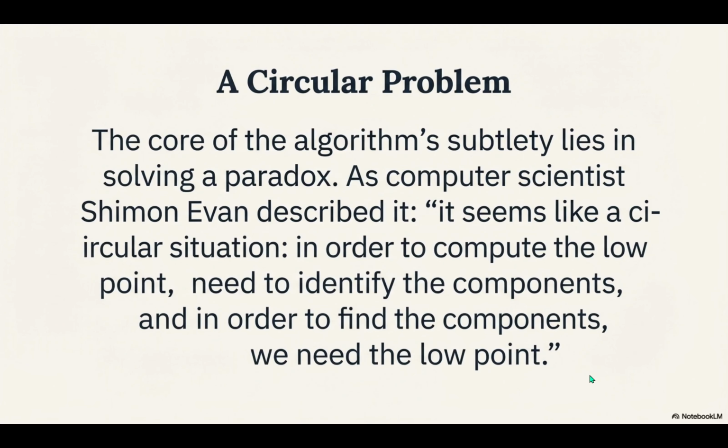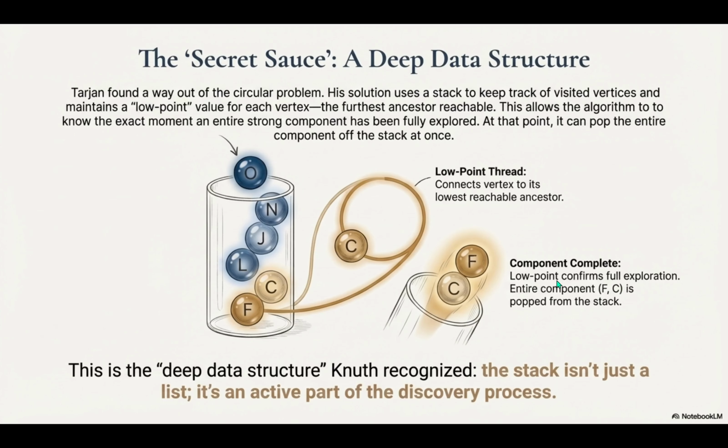Tarjan's secret sauce was, it's almost deceptively simple. He solved it using just two things working together, a single stack. Just a list of things you've seen. Just a list of the nodes, the tasks visited in order, that plus a low point value that was maintained for every single vertex. So as the algorithm is exploring this dependency cave, it's pushing tasks onto the stack. What is the low point telling it?